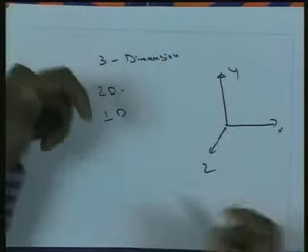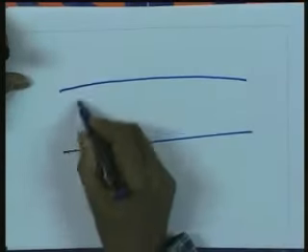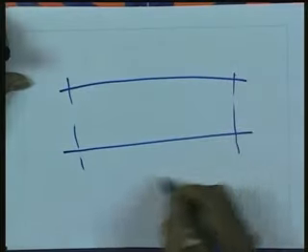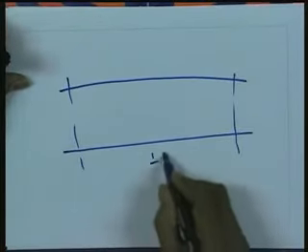As we have seen earlier, say for example, if we consider a large river, and consider two sections at a distance of 1 kilometer.